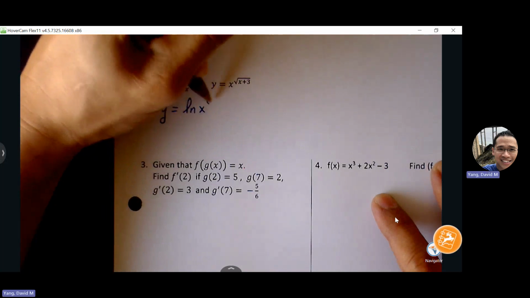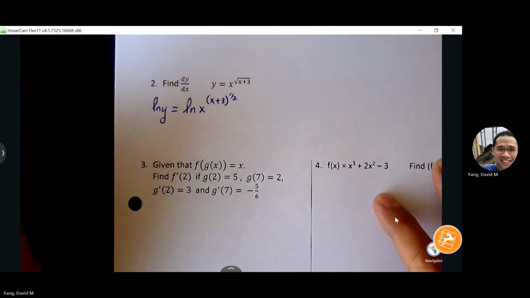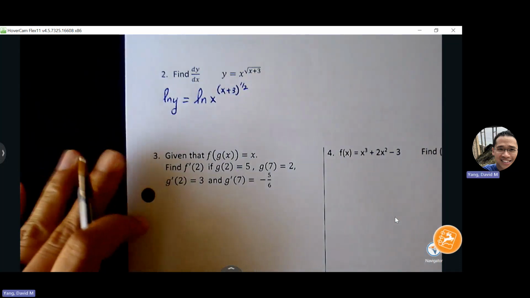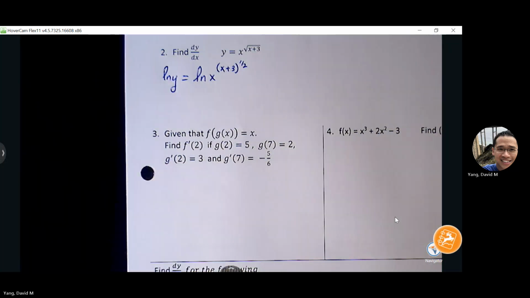Let's go ahead and rewrite that radical as a rational exponent. Okay, what can we do next?